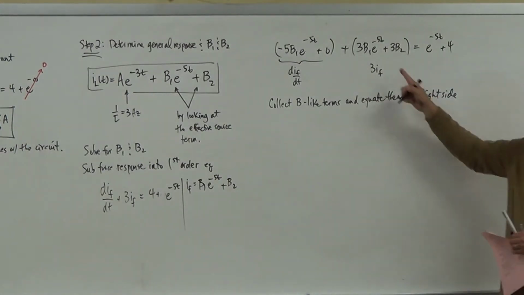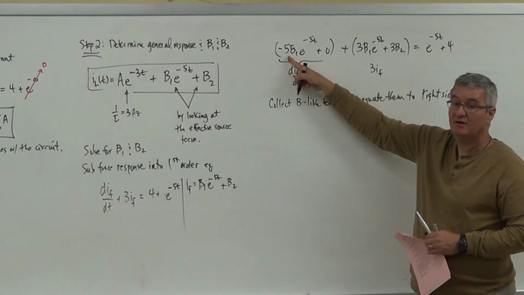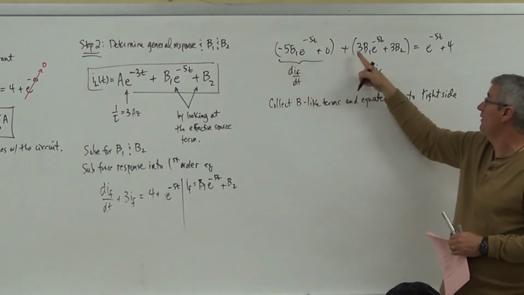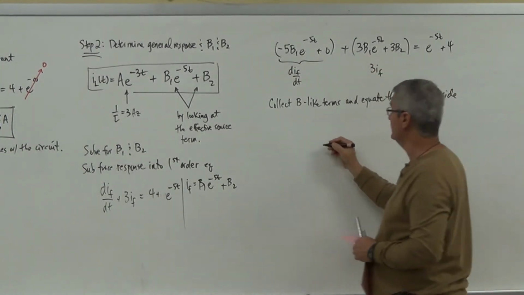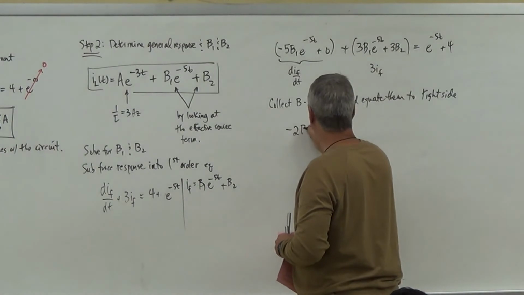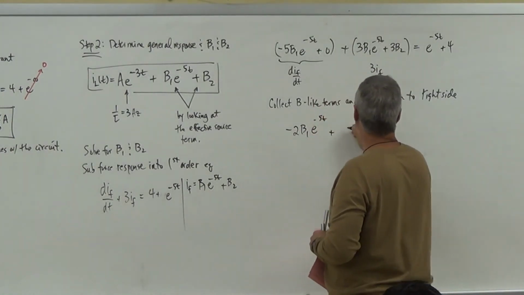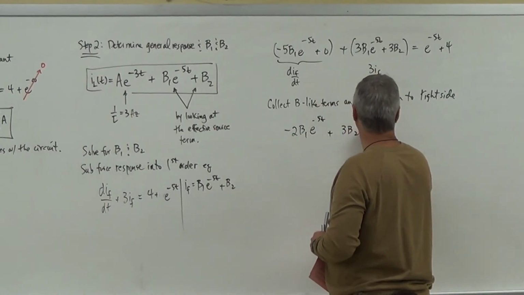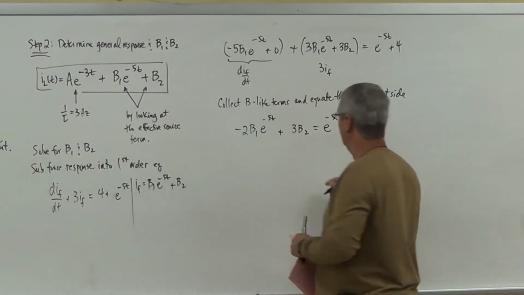Anything that's exponential, I collect. So that's -5 b1 plus 3 b1, which gives me -2 b1. So I get -2 b1 e^(-5t) + 3 b2, and that has to equal e^(-5t) + 4.